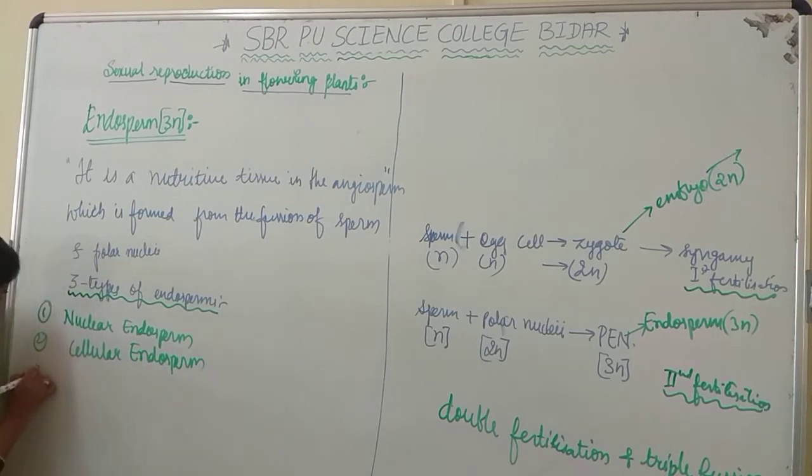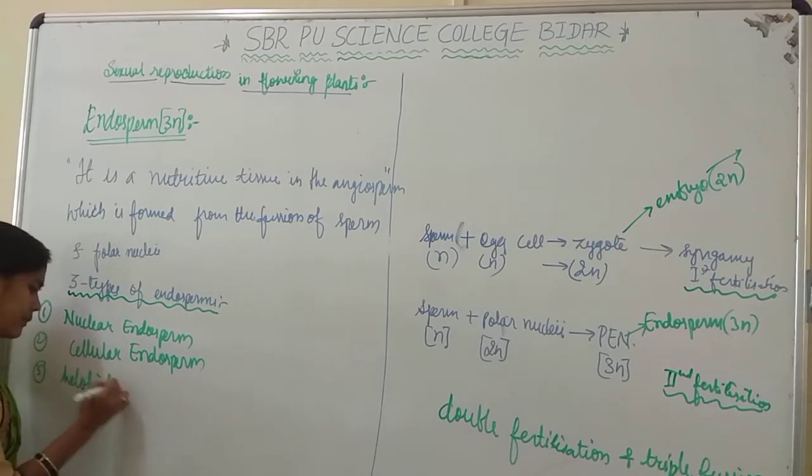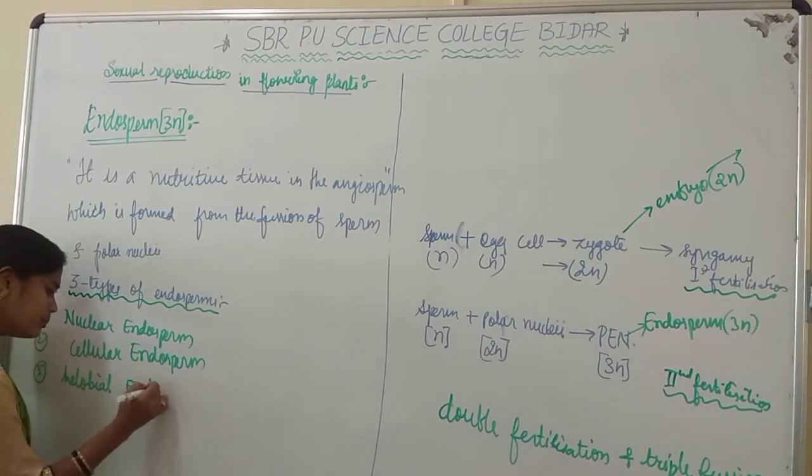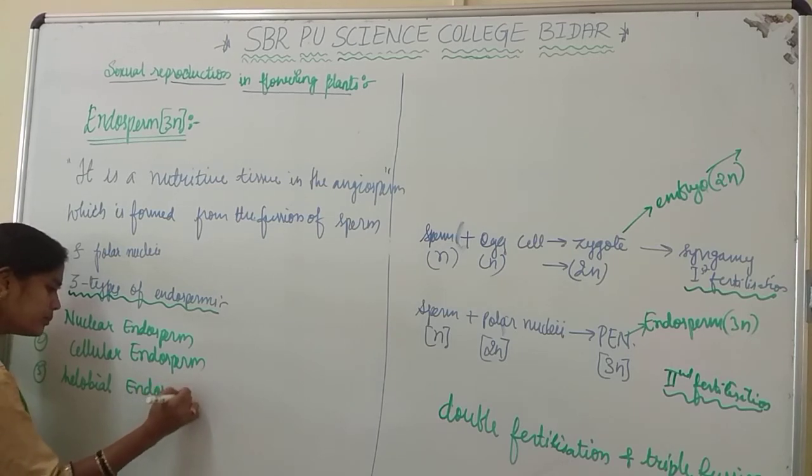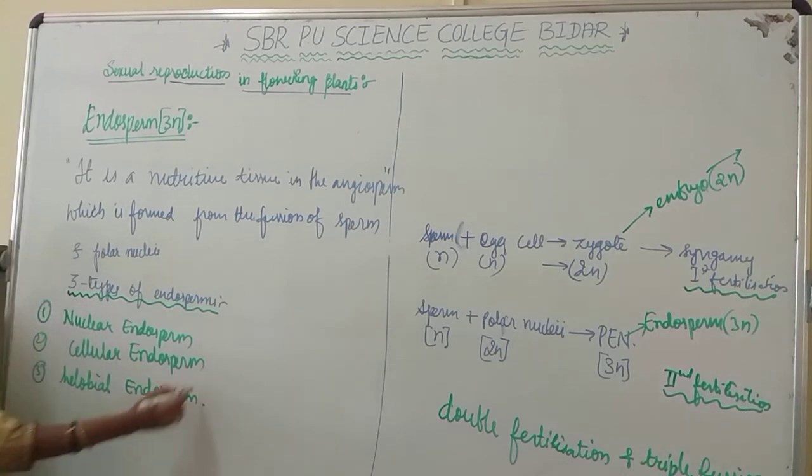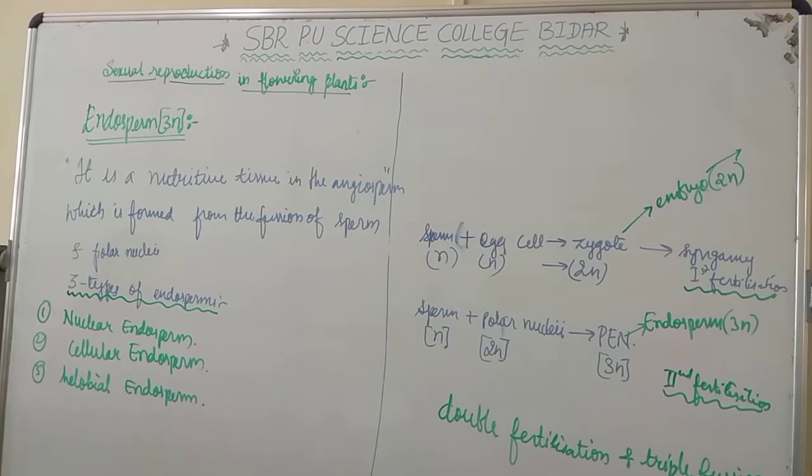Then third is helobial endosperm. Right? So there are 3 different types of endosperms. One is the nuclear endosperm. Okay, nuclear endosperm, that is the coconut kernel. I'll tell you what those are. Okay.